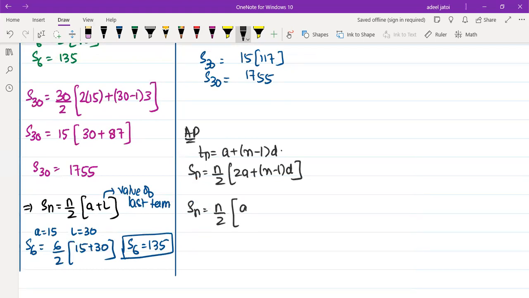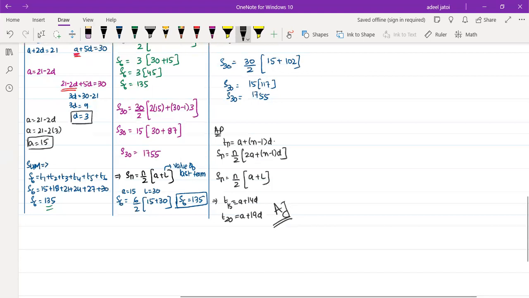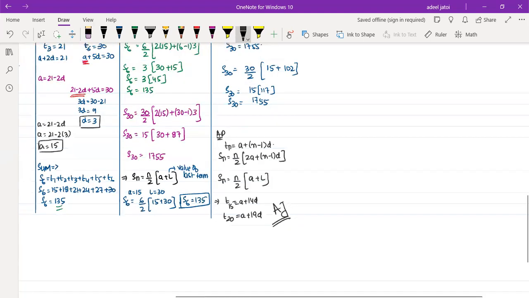And when you need to understand that you are taking out values, in that case you need to express, for suppose, term 15 should be a plus 14d. Term 20 should be a plus 19d. So this is about it. The entire AP lecture.